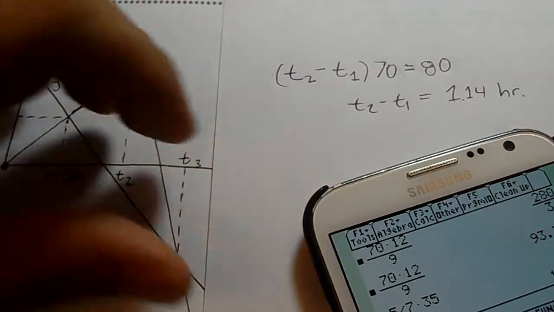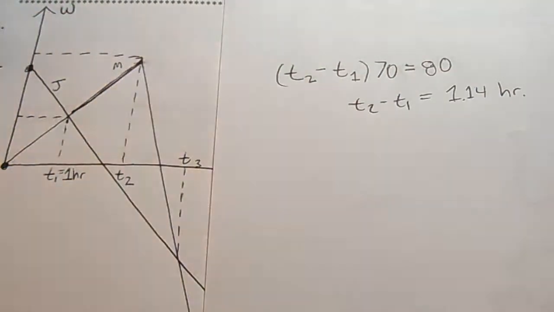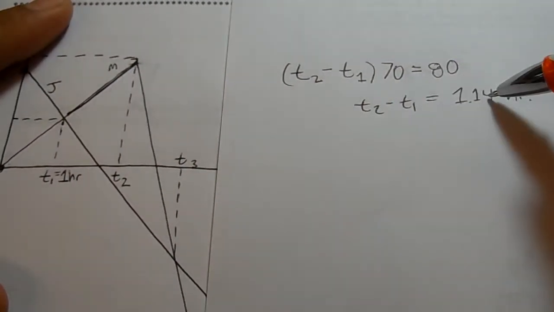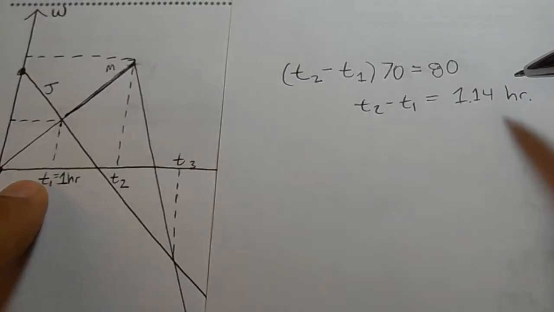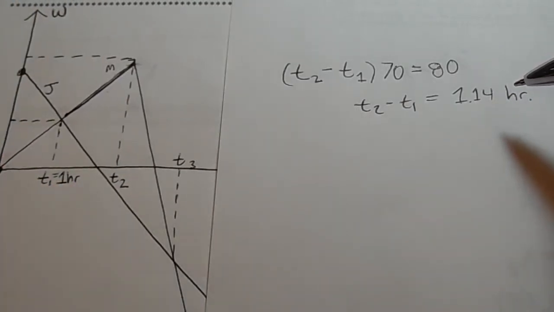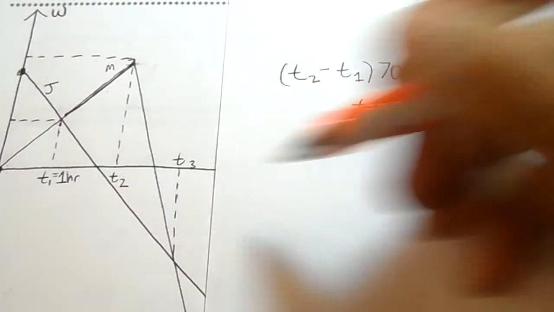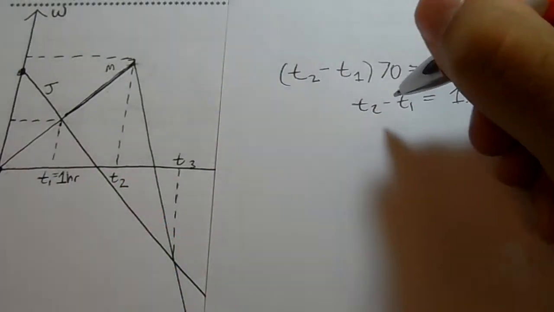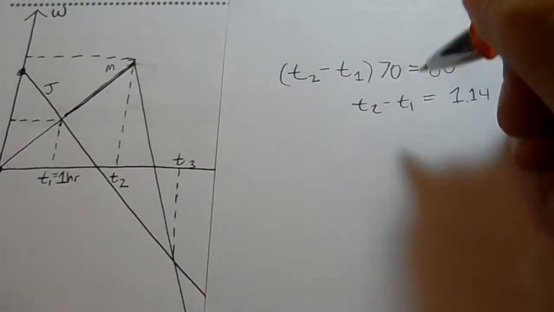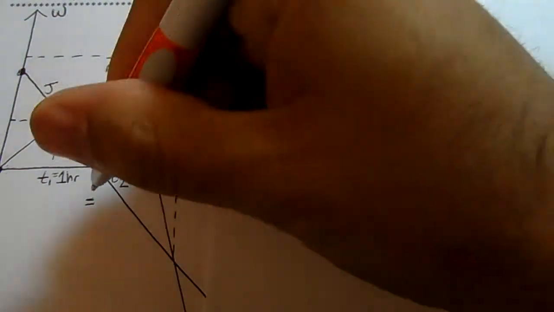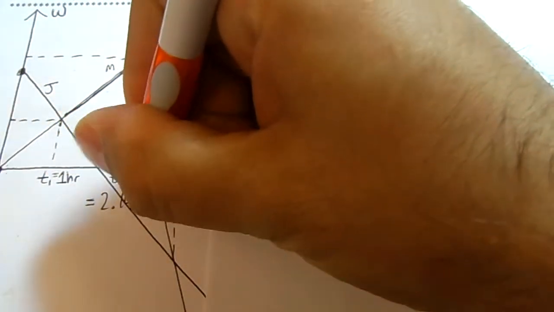When I looked at the solutions that everyone had, I tended to see a lot of people saying that T2 itself is 1.14 hours, forgetting that there's a whole hour of travel that happens before this 80 miles gets covered. So really T2 here is equal to this 1.14 plus T1, which is 1 hour. So in other words, going back to my original drawing, I can label this now. T2 equals 2.14 hours.